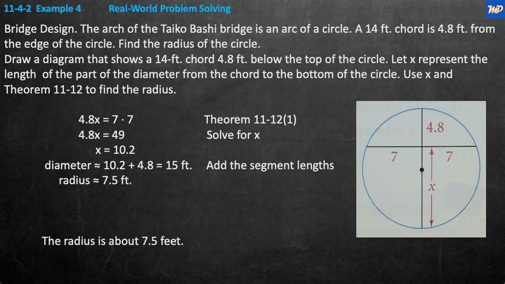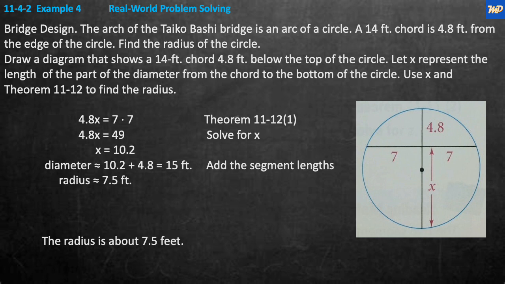Okay, example 4, it's a real world problem. It's a bridge design. The arch of the Taikobashi Bridge is an arc of a circle. A 14-foot chord is 4.8 feet from the edge of the circle. Find the radius of the circle.